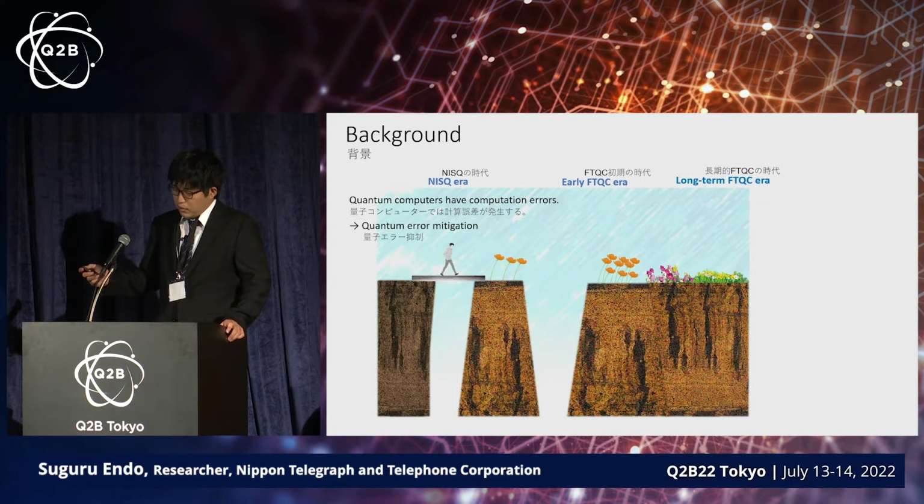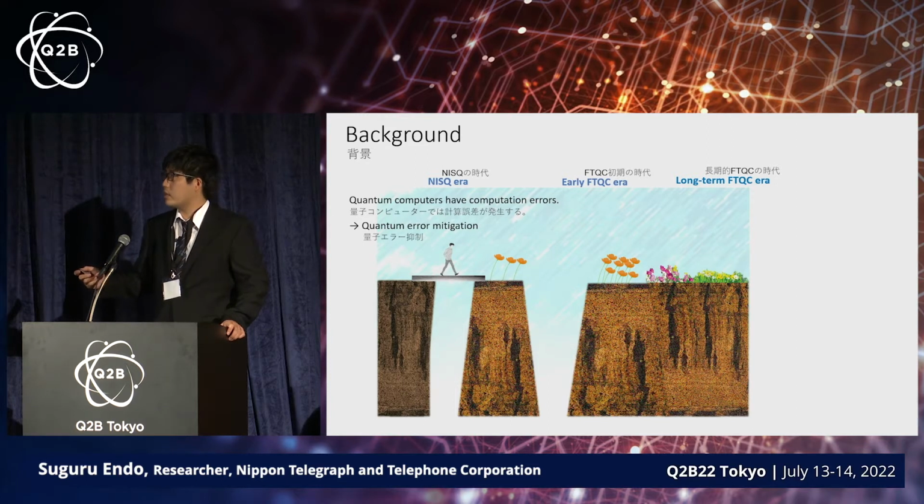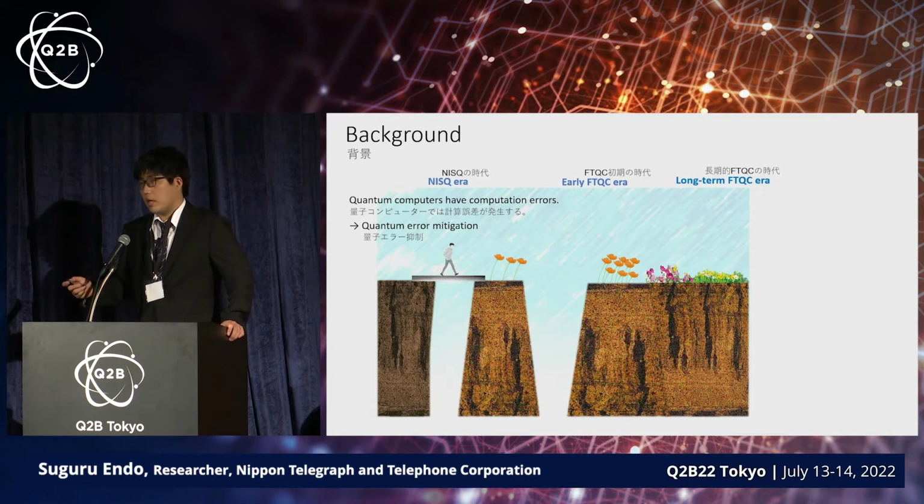And after the NISQ era, we'll be in the early FTQC era, early fault-tolerant quantum computing era, where we can perform quantum error correction, but the scale of the quantum computer cannot be scaled freely.